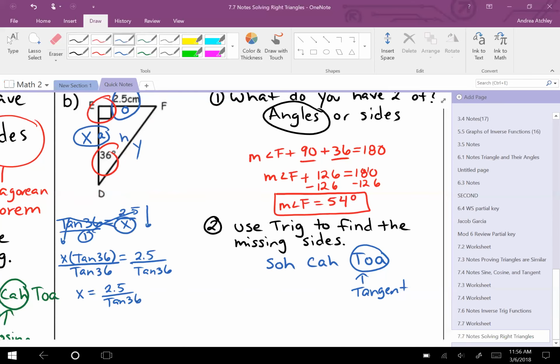Okay, what'd you get? So you have to divide, put 2.5 in first. No, delete that out. 2.5 divided by tangent. Now do your trig. Yeah.